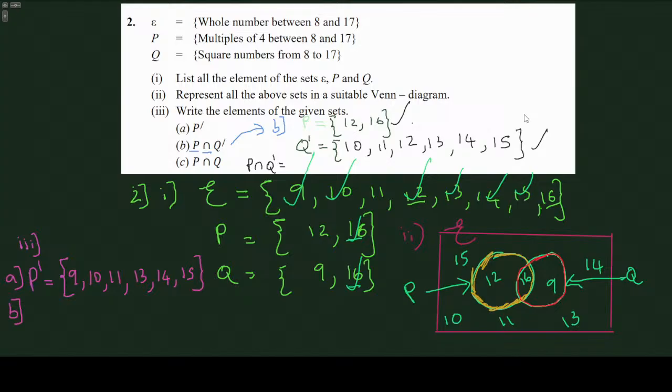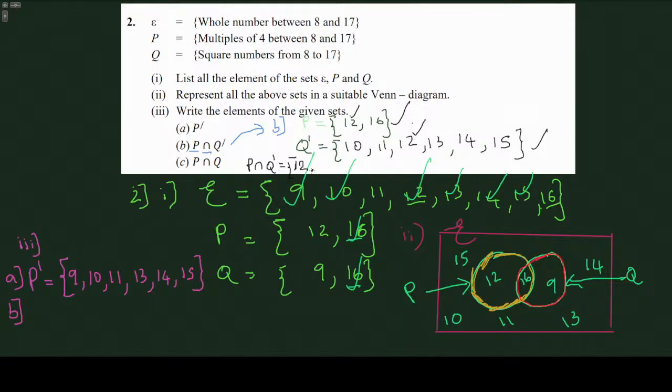Compare the two sets and take out the common elements. What about 12? Does 12 come in both the sets? Yeah, 12 is there in set P and 12 is also there in set Q complement, which means it's a common element. So 12 would come because it's a common item.